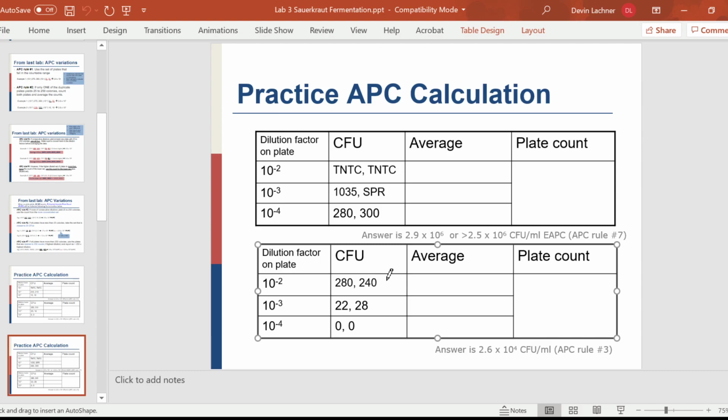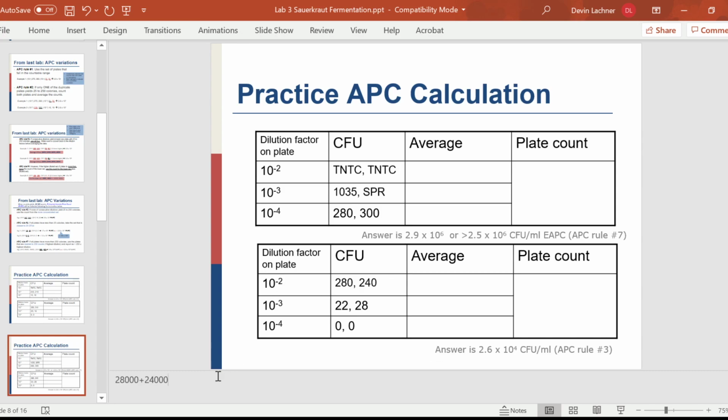So if we were to convert this to 280, then that would be 28000, right? So we're going to add 2 zeros because this number here is 2. And then that would be plus 240, and then additional 2 zeros because of our dilution factor.